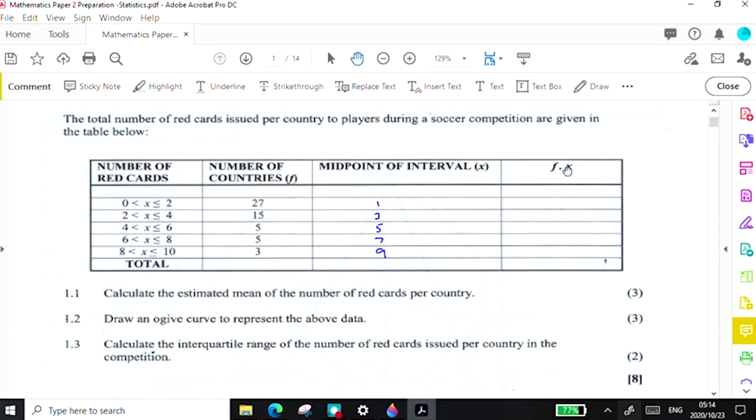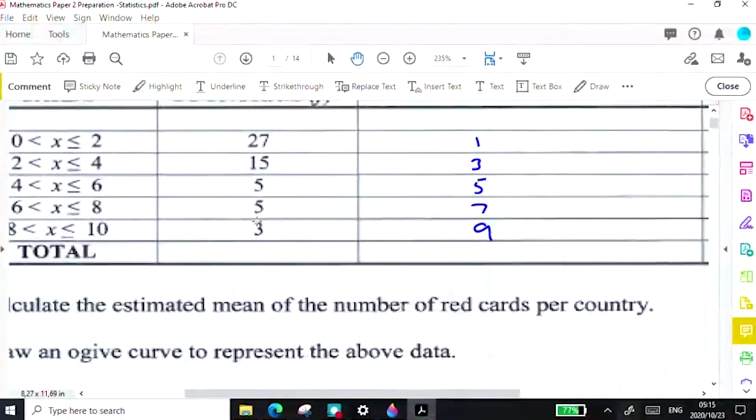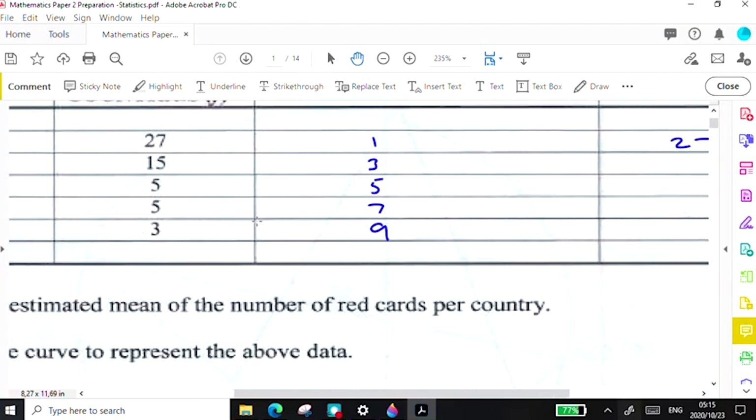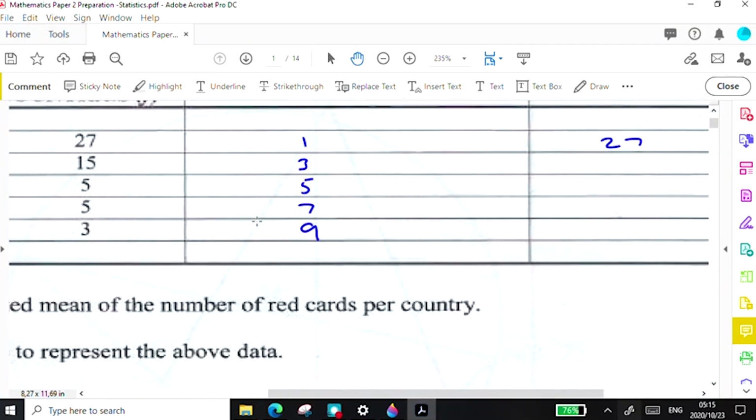To get f times x, we multiply 27 times 1, we get 27. If we multiply 15 by 3, we get 45.